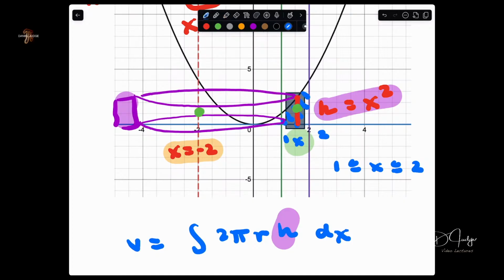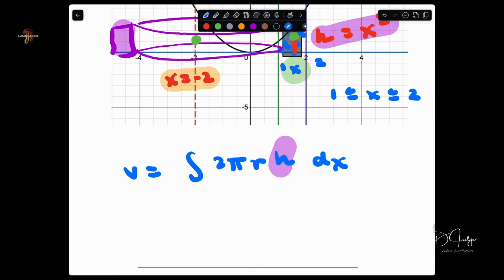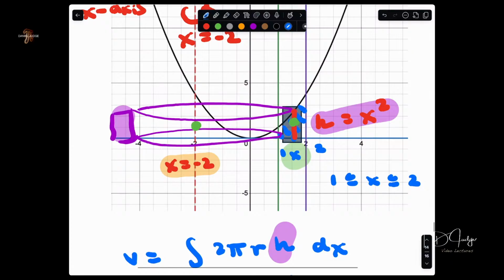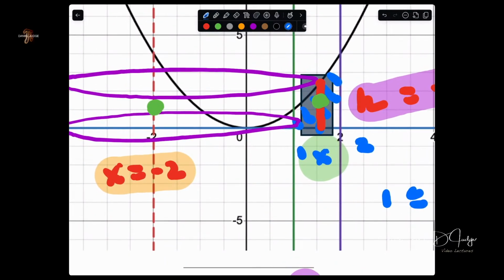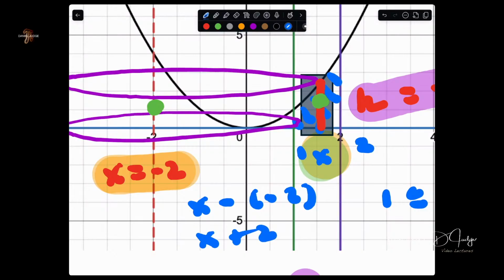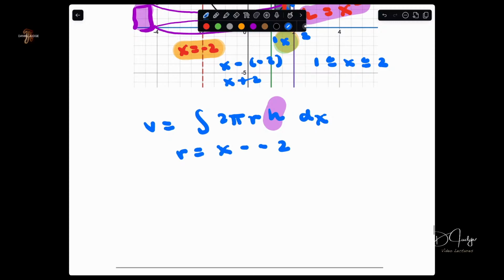So your radius is going to be x minus a negative 2, because it's always the right value minus the left value. So some arbitrary value of x on the right side over here minus the x is negative 2. So x minus a negative 2, which will be x plus 2 for your radius. The right value minus the left. That's x plus 2 now.